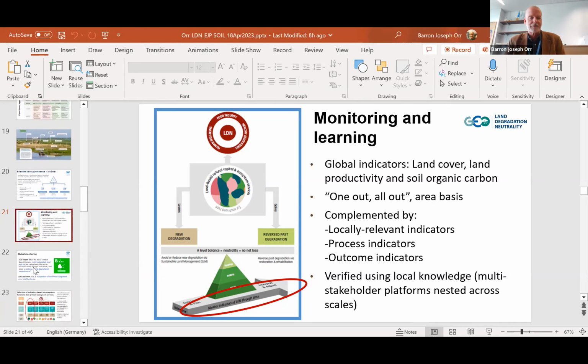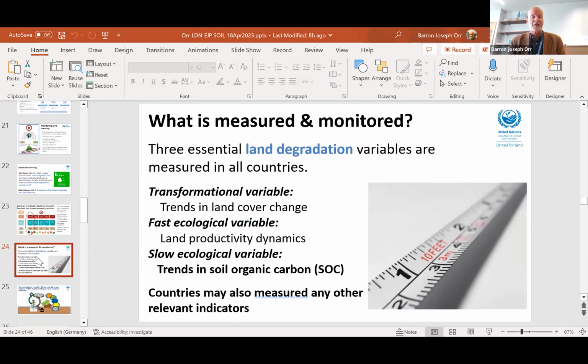And they cover pretty well, but a country can add additional indicators, either by location or in a broader sense, to be more comprehensive, because of course, 3 simple indicators doesn't cover all the dimensions of land degradation, but it does cover the dimensions that are most likely interesting and useful in every part of the world.